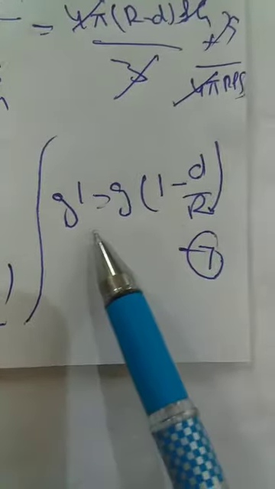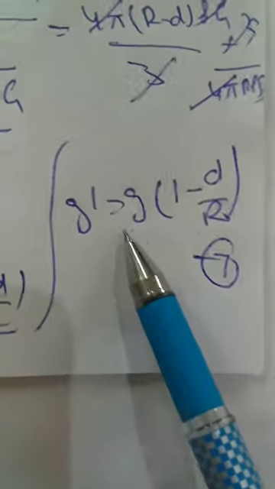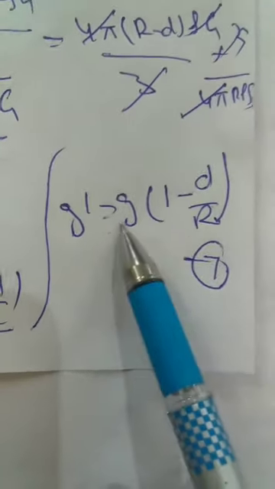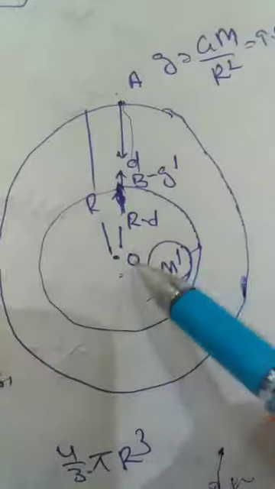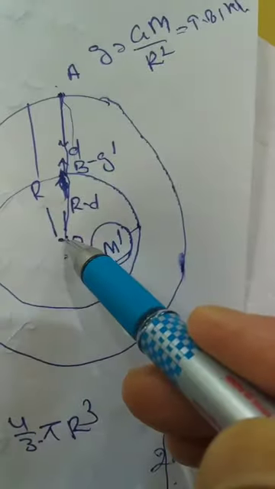When it becomes less than 1, the value of g goes on decreasing. What will happen at the center of the earth, when we take any body there?